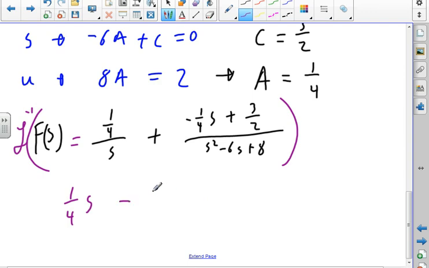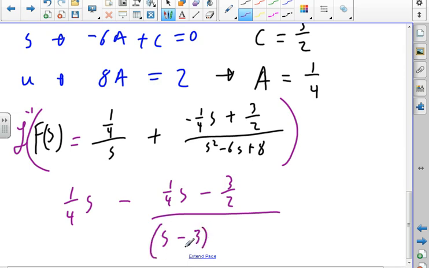Minus 1/4 s minus 3/2 divided by s minus half of this is 3, right? So that'd be 3 squared. And then that would give me a plus 9, so I'd make that minus 1.